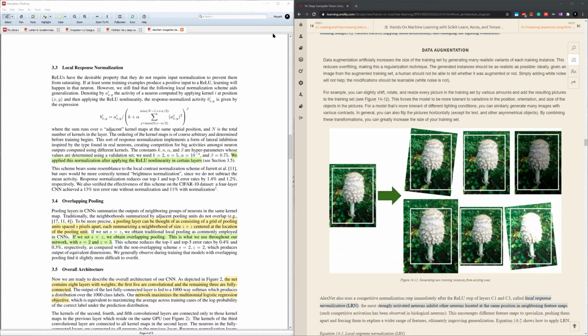Then the next set, the more advanced, strong augmentations, can be your cutout, your AutoAugment policies, randomly applying some shearing, translation, and rotation on the same image.